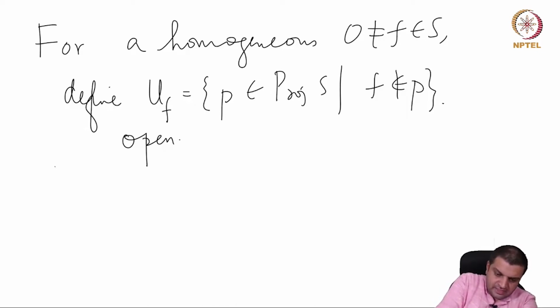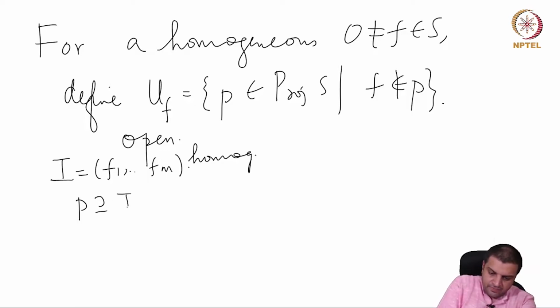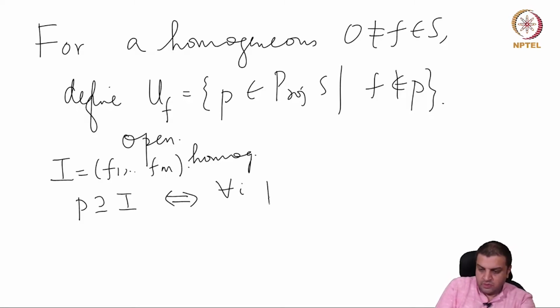Suppose that I is generated by some homogeneous F1 through Fm. Then P contains I if and only if for all i, P contains Fi.